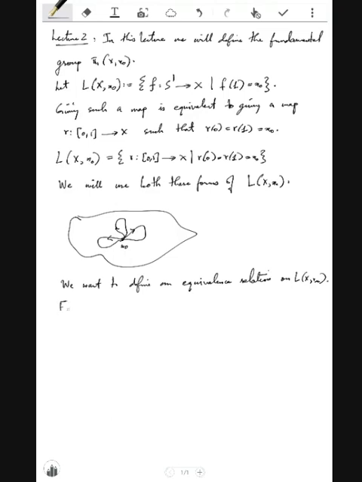For this, we introduce the notion of homotopy.